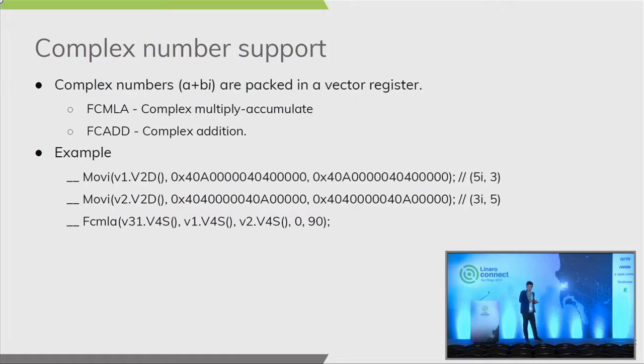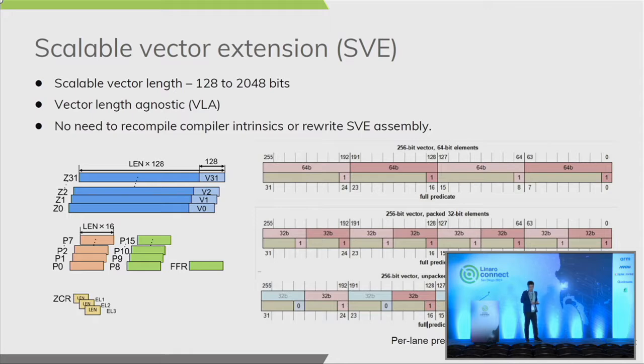And you may be interested in this instruction if you deal with complex number calculation: you just place the complex numbers in the corresponding positions of the source register, and then call the complex multiply and accumulate instruction.